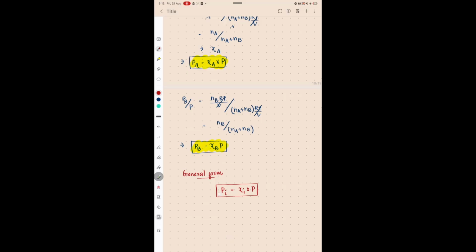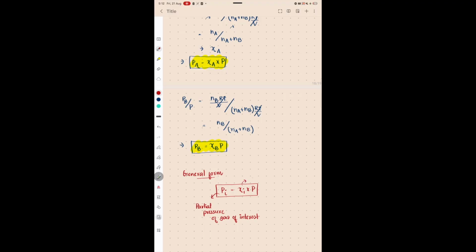So this is the partial pressure of the gas you want to determine, the gas of interest.